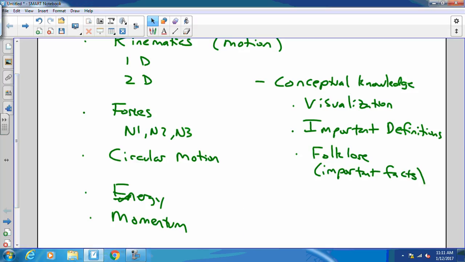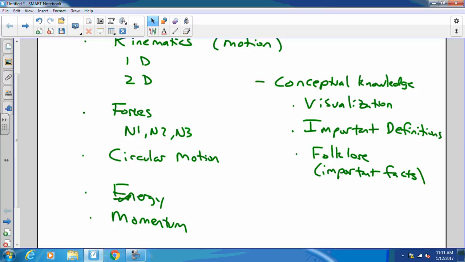All of you should be able to tell me, for example, that a force that is perpendicular to the direction of motion does no work. Or that the velocity of the center of mass of an isolated system remains constant. Those kinds of things. This is the conceptual knowledge that I want you all to have.